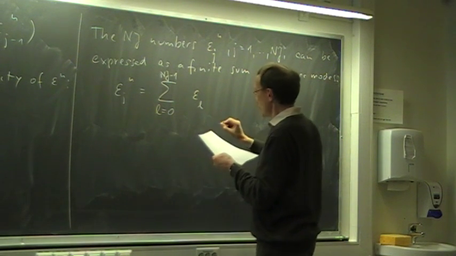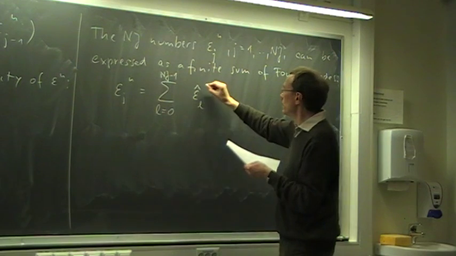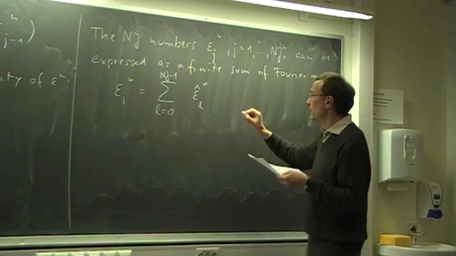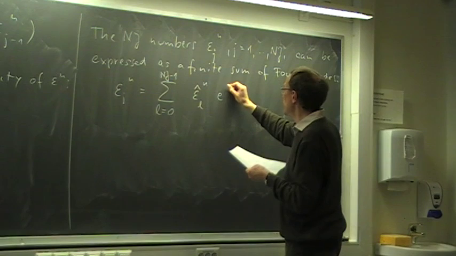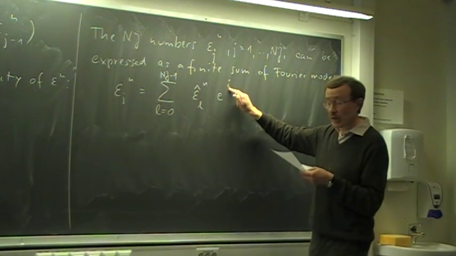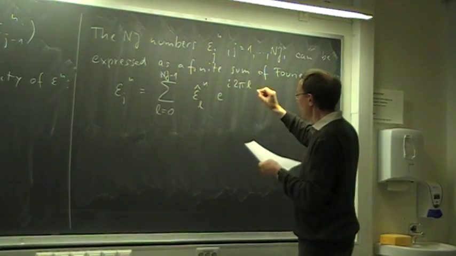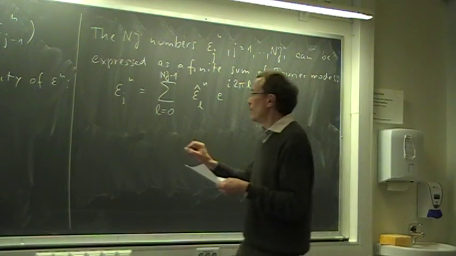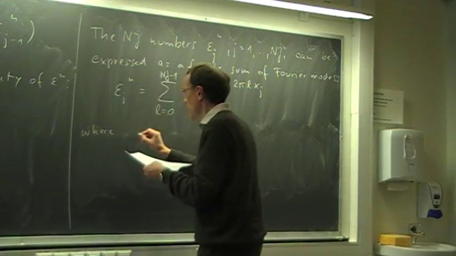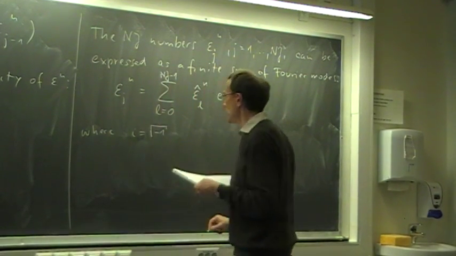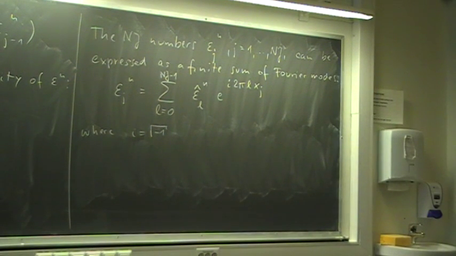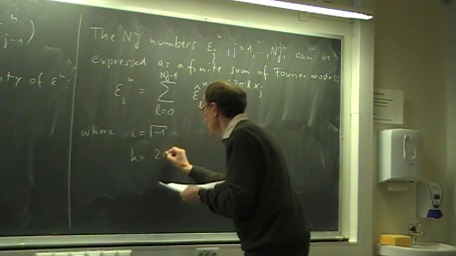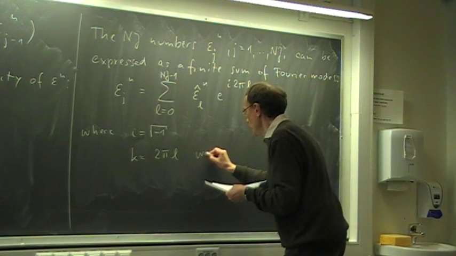Then we have the amplitudes epsilon hat_l^n, so they are dependent on time, and the modes are indicated by e to the i 2 pi l x_j, where i is the imaginary unit, the square root of -1. k is equal to 2 pi l, that is called the wave number.